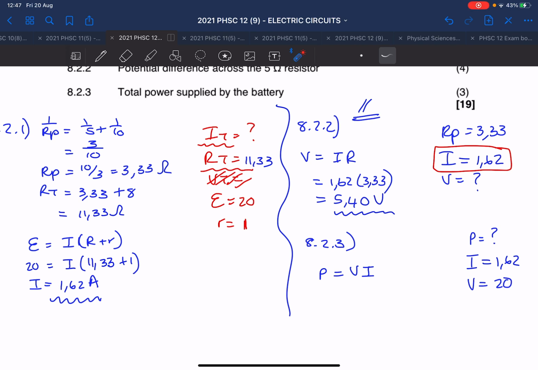I just want to double check something quickly. What question is this?